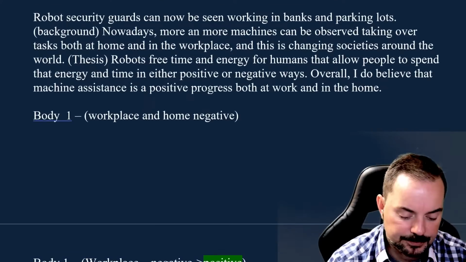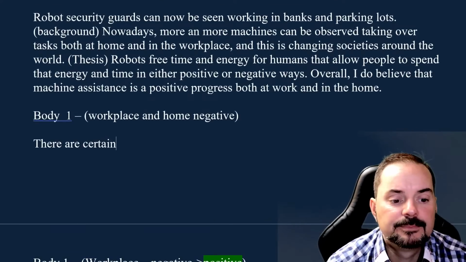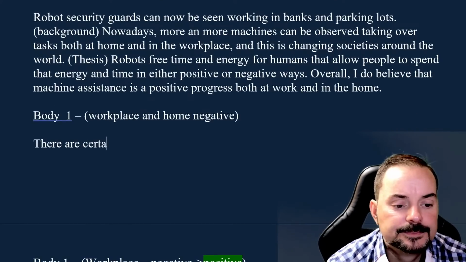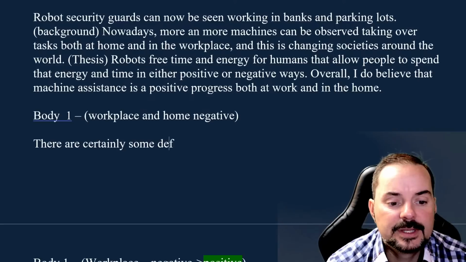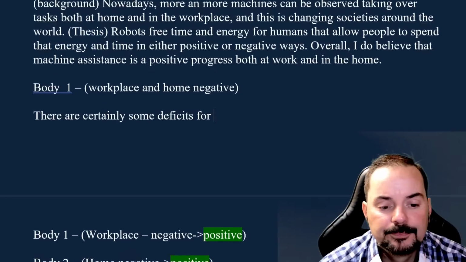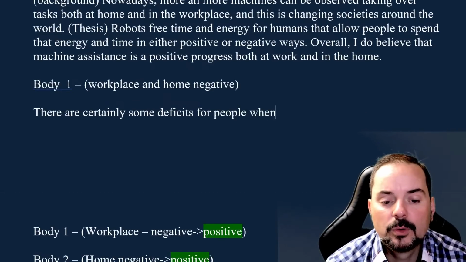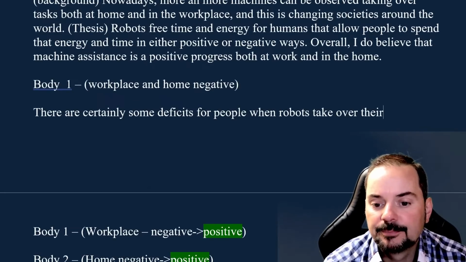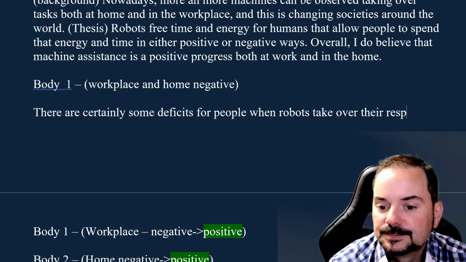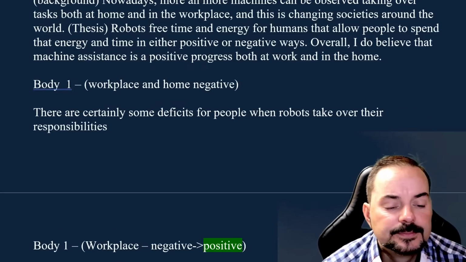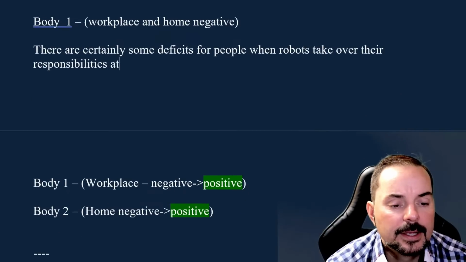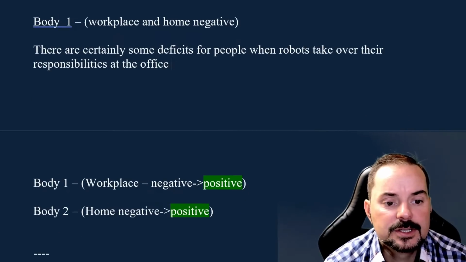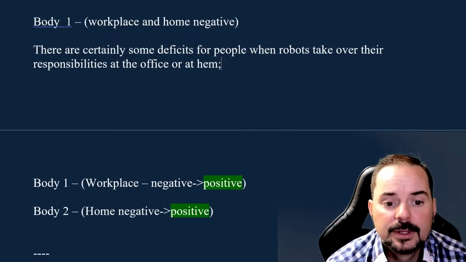So there are certainly some deficits for people when robots take over their responsibilities at the office or at home.